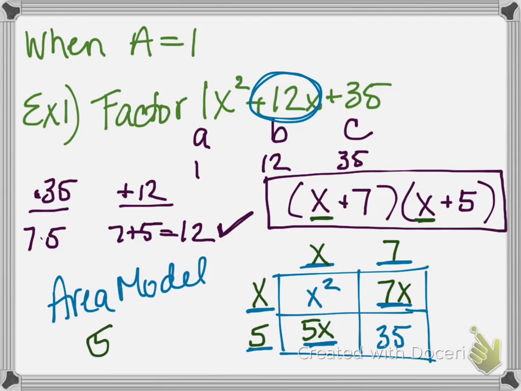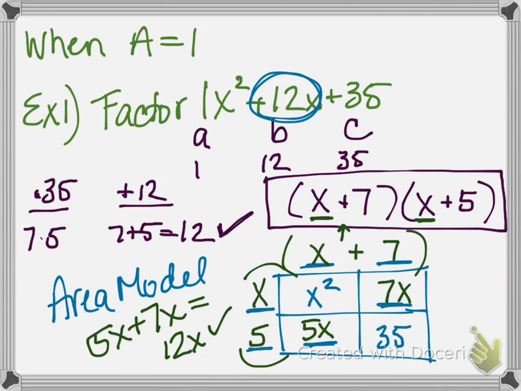So if I add 5x and 7x, I get 12x, which is exactly what I'm looking for. So I take my 2 sides, my length and my width, and I do x plus 7, which is what I have right here, and x plus 5, which is what I have right here. And I would rewrite it like so. Okay?